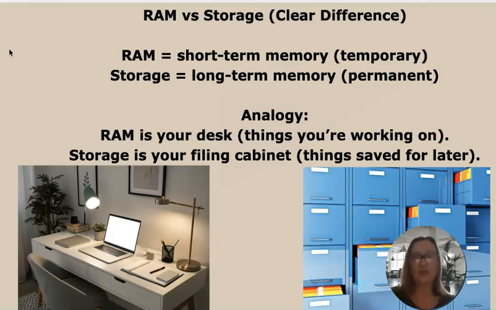When you install some software, it puts it on your hard disk, or you install an app on your phone, it stores it on your disk so that you can use it at any time. But then when you want to actually use that app or software, it will load it into the RAM, into your short-term memory. So a good analogy is RAM is your desk, the things that you're working on, but the storage is your filing cabinet and things that you've saved for later.